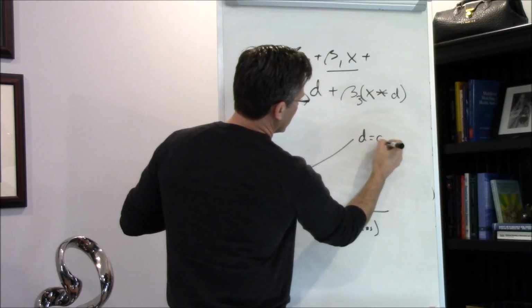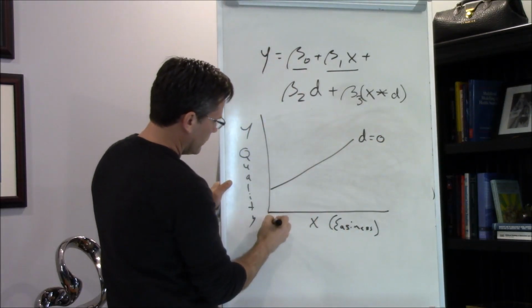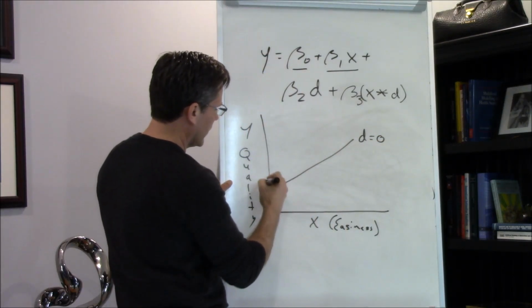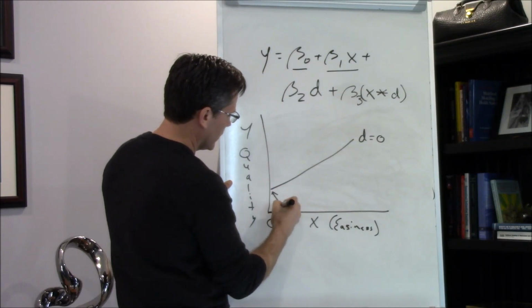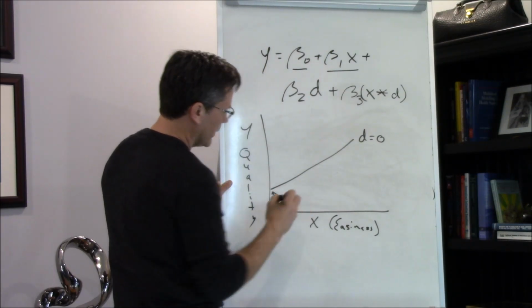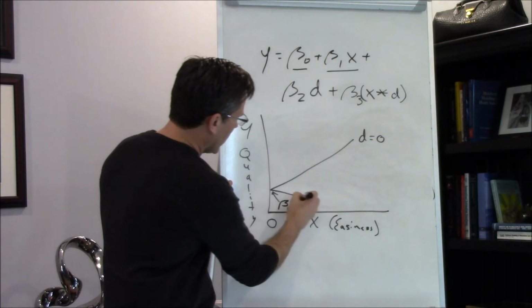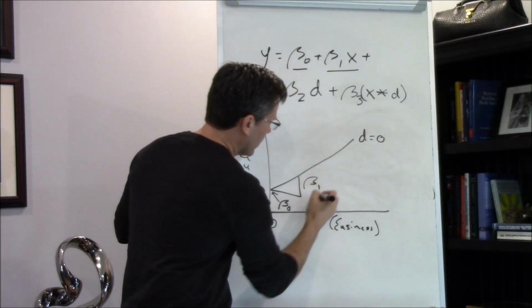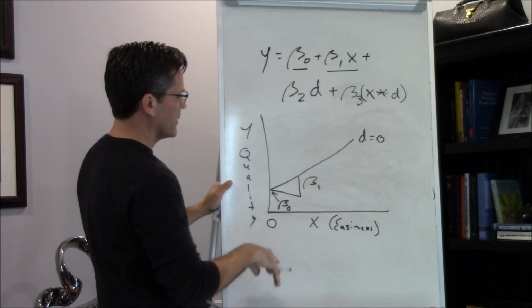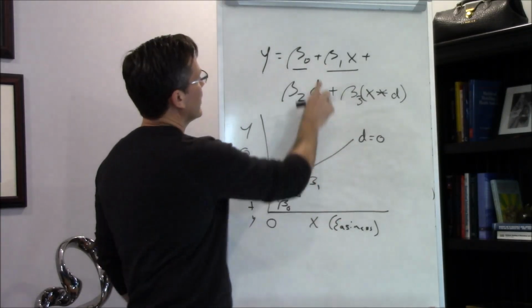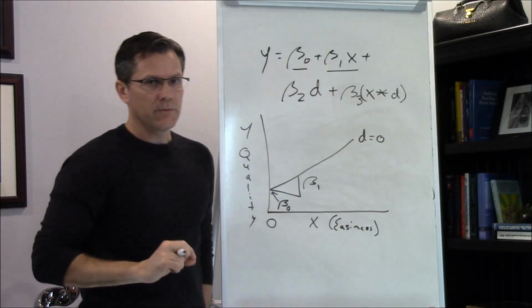This is d equals 0, and wherever x is 0, we're going to have our beta naught. That's going to be our beta naught right there. And then for a 1 unit change in x, we're going to have our beta 1. So when d is 0, we have a line that is defined exclusively by beta naught and beta 1.